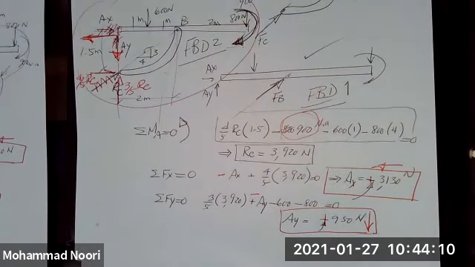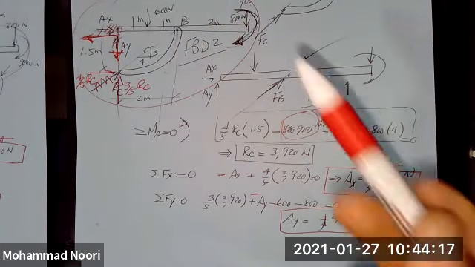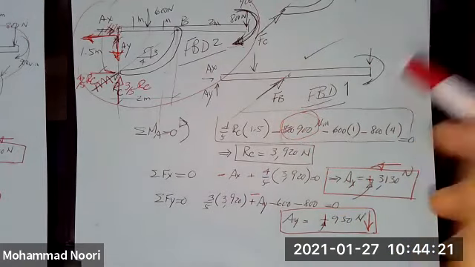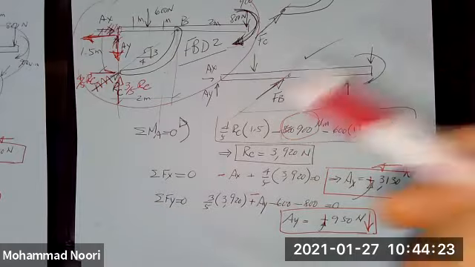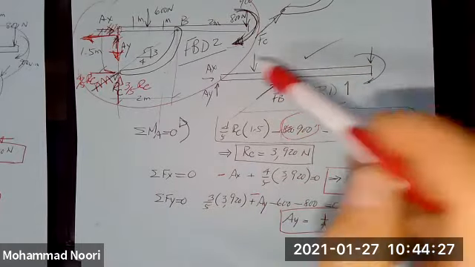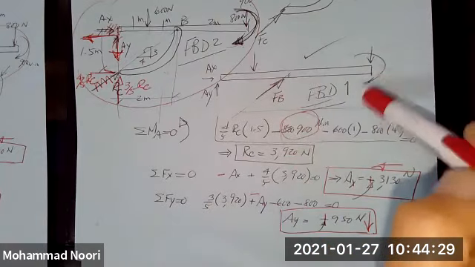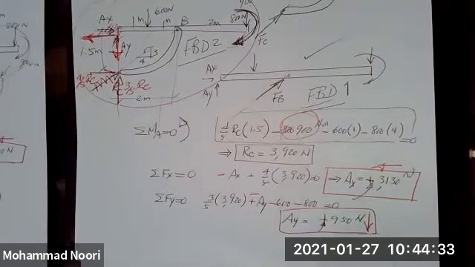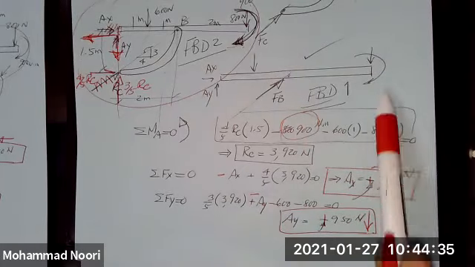You can put it anywhere you want because they only play a role in summation of moments. So when you have an applied moment, who cares where it is applied? Force makes a difference because the moment of a force is the force times the distance. But for an applied moment, that distance is already included in the moment given to you.